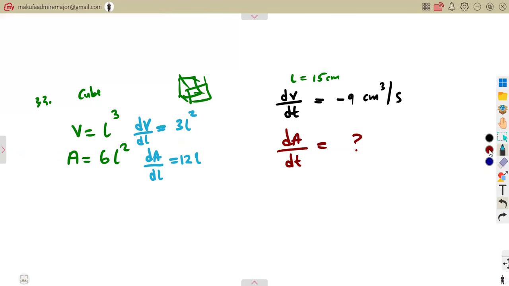So if you are to find this one, how are you going to connect dA/dt with the dA/dL that you're given here? It was supposed to be like this: dA/dL times something, in order for us to have a dt here.